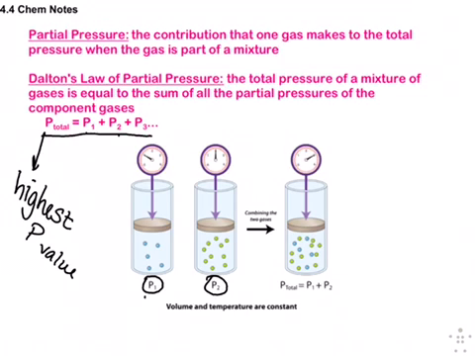That's shown here if you look at these little pressure meters. This one is the lowest. It increases. P2 is a little higher. And when you add them together, your P total is the highest pressure of them all.